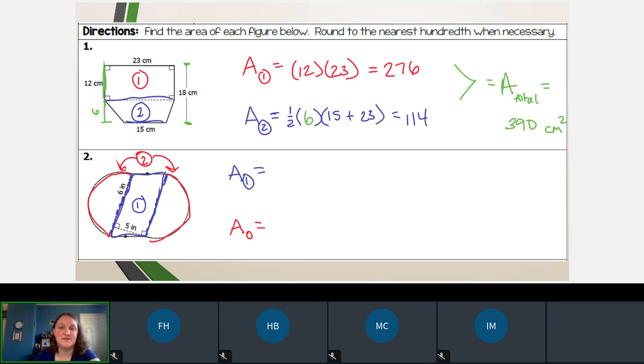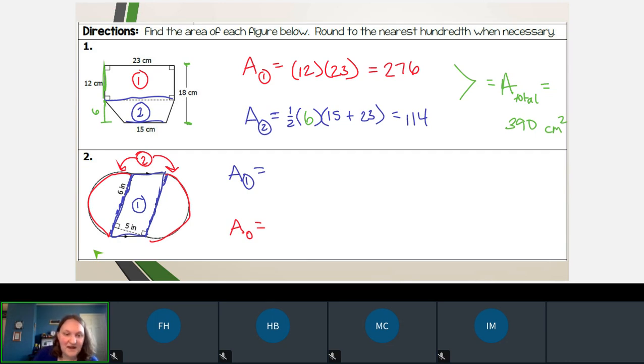Here, I'll let you point to it. Point to the height of that parallelogram, would you? Yay, you're right. The height is the distance between the bases, and the bases in your parallelogram are your parallel sides. Well, they're both parallel, but we know that this 5 is perpendicular to the 12. Perfect. You guys got it.